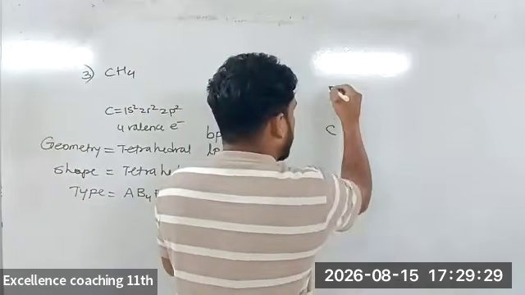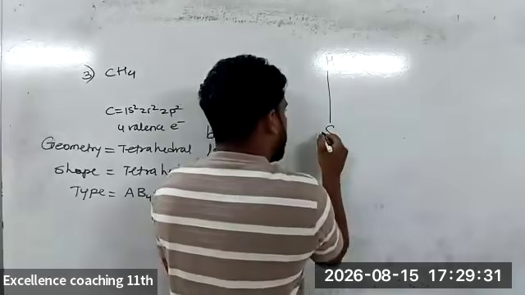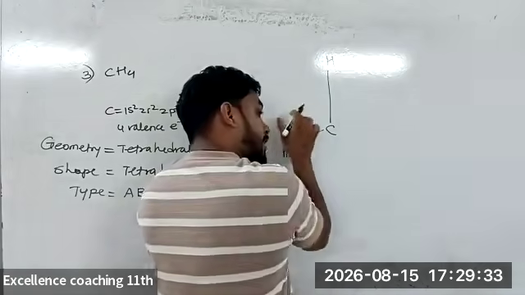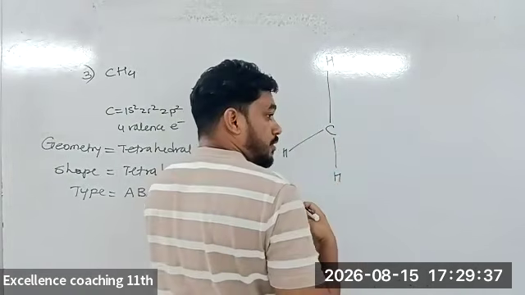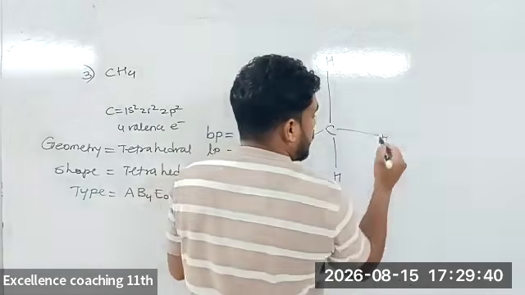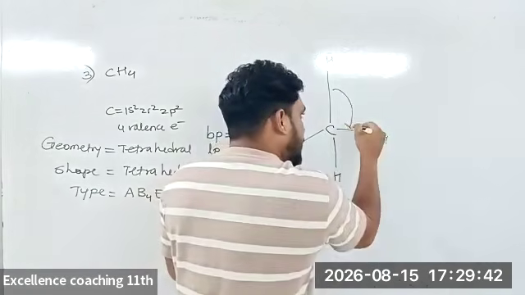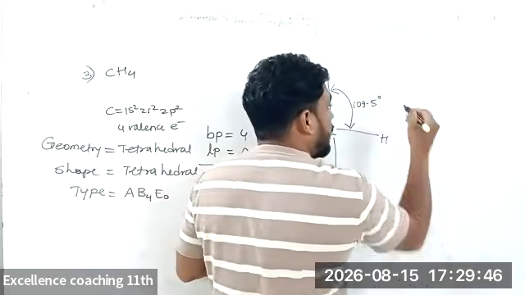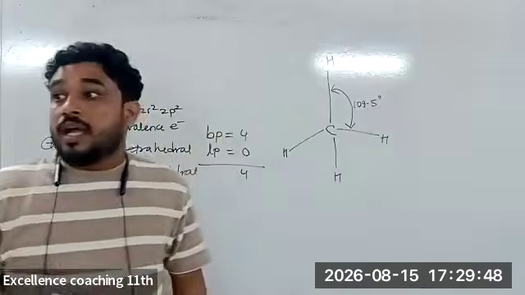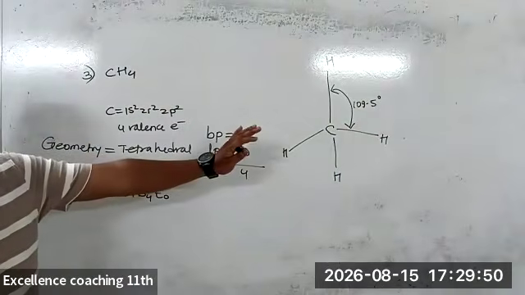So this is carbon. This is the first hydrogen inside the board. Second hydrogen towards me. Third hydrogen, and this way it is 4 hydrogen. The angle between the above hydrogen and this hydrogen is 109.5 degrees. Why is this arranged like this?